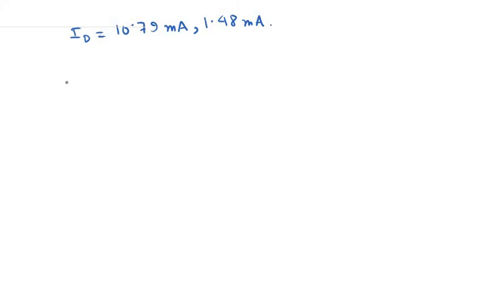Now VGS, as we calculated earlier, was equal to 3 minus 0.5 ID.